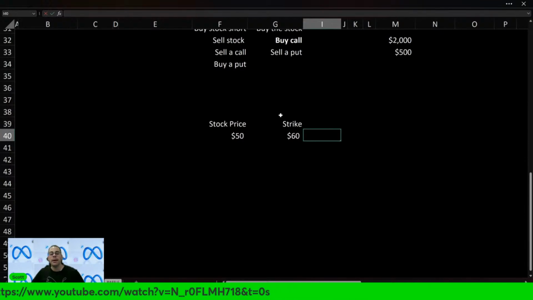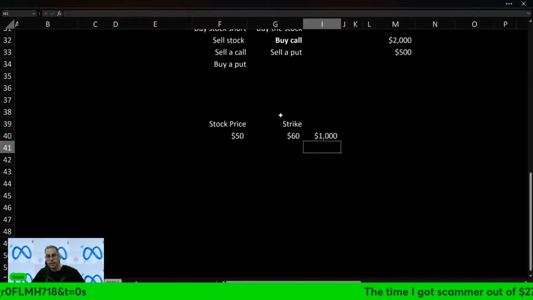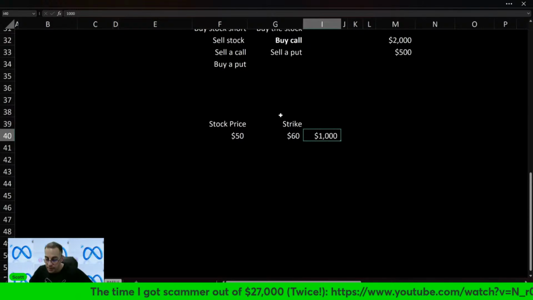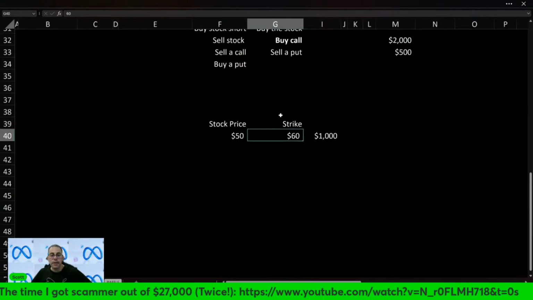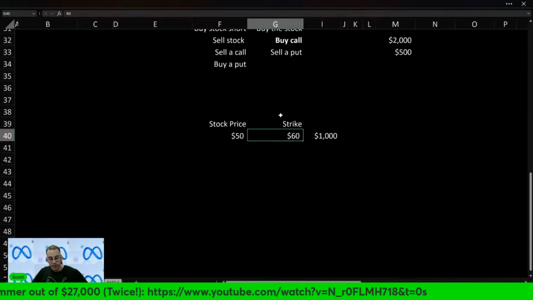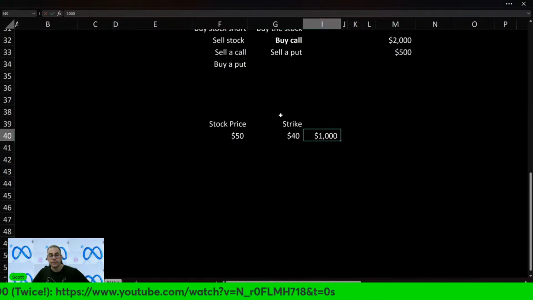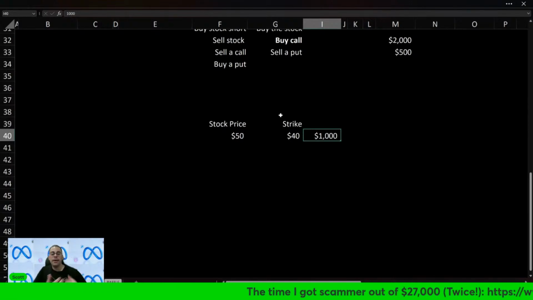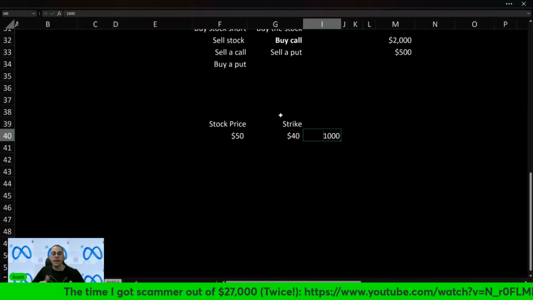So maybe I spend like, I don't know, $1,000 to have this option to buy it at 60. But if the strike is 40, right? It's already in the money. So that means I could immediately buy the stock at $40 a share and sell in the open market. So I can immediately make $1,000 profit, right?